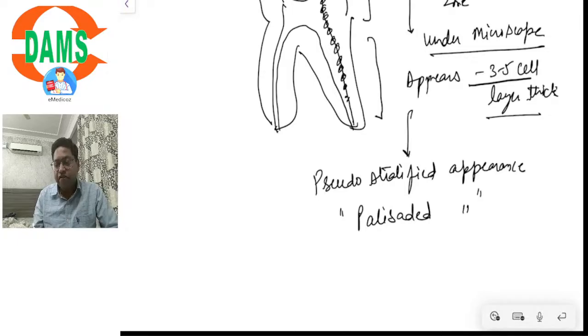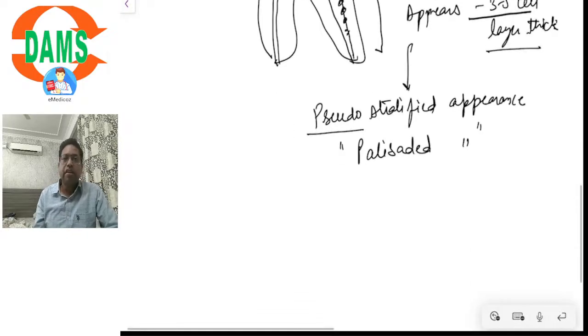Why pseudostratified? Pseudo means false. It falsely appears to be 3 to 5 cell layers thick, but in actuality there is a single layer of cells that outlines the pulp from the crown to the root. This is the histologic microscopic appearance of the odontoblast layer.